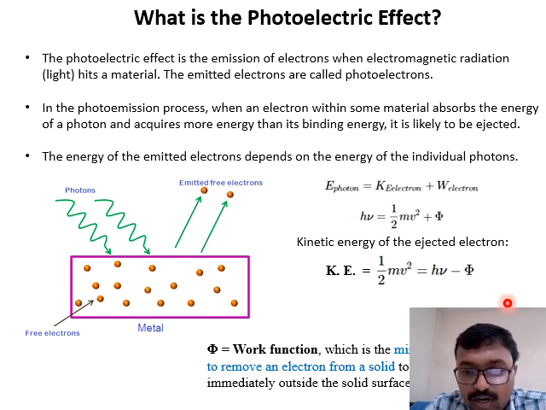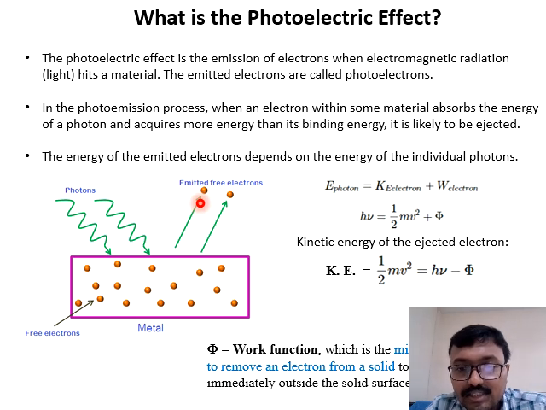So work function is the minimum energy required to remove the electron from the surface. And when electrons are emitted, they have some velocity, so they have some kinetic energy. The kinetic energy of the electron will be half mv square.